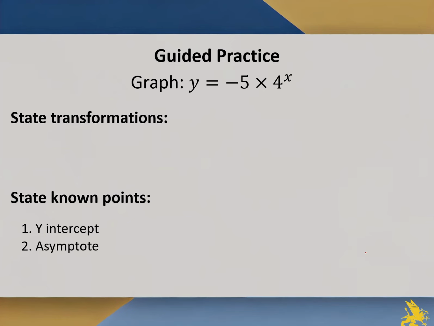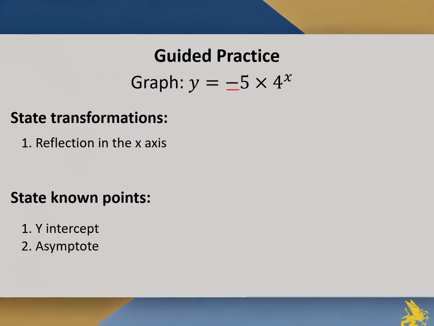guided practice. So we are going to start graphing. We've got y is equal to -5 times 4 to the power of x. The first thing we need to be thinking about here is I want us to state the transformations. So straight away, if I think about Dr. T, dilation, reflection, and translation, I can see I've got a negative sign, which is a reflection.